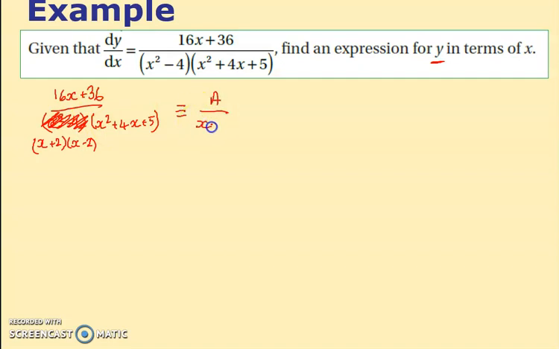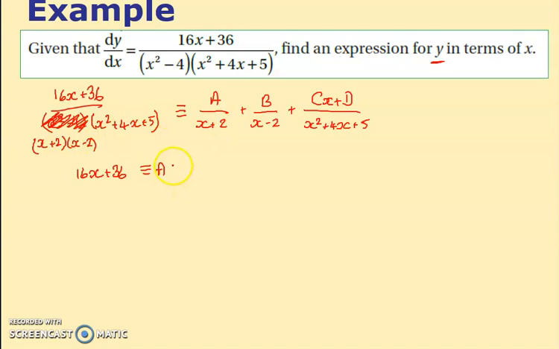A over the first one plus B over the second one plus, now the third one is a quadratic, so I need cx plus d over x squared plus 4x plus 5. Okay, so let's rewrite the right hand side with the same denominators I've got on the left.